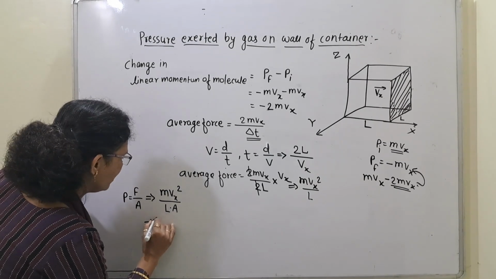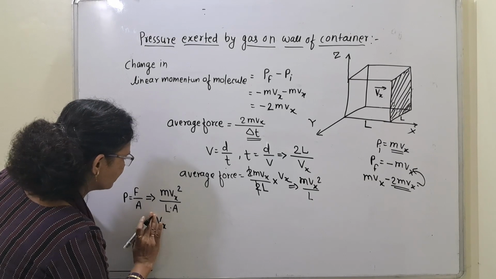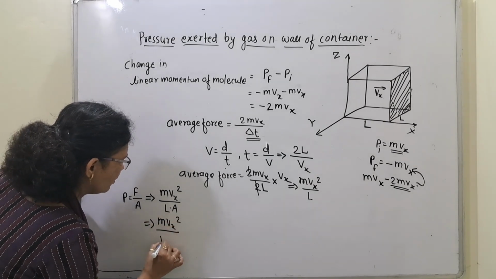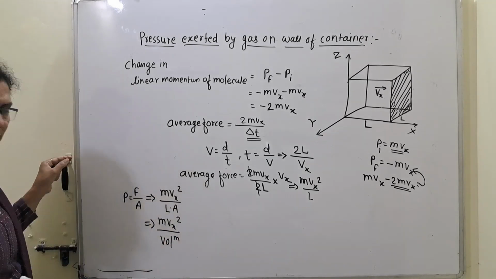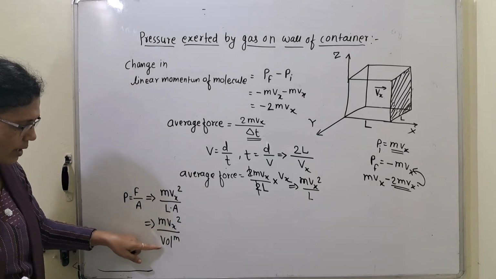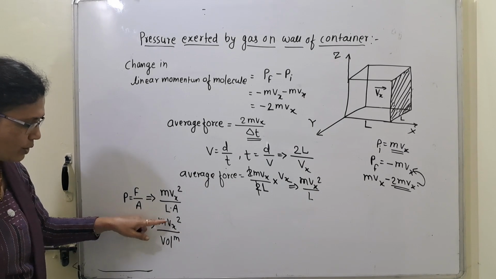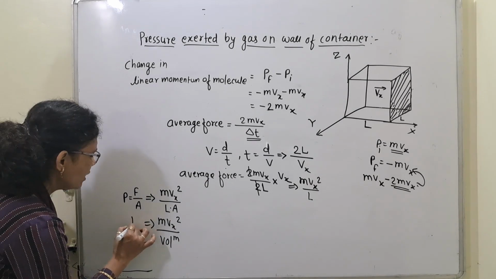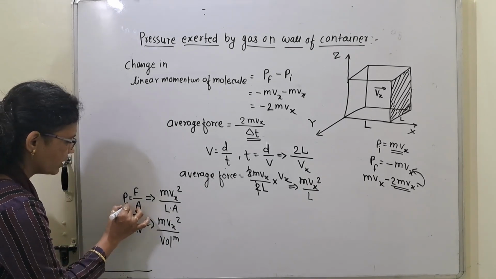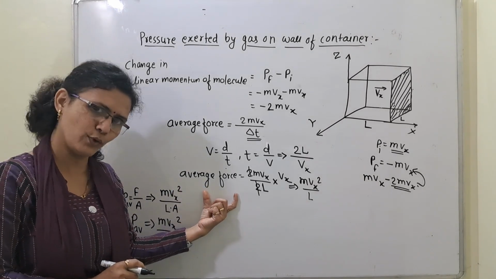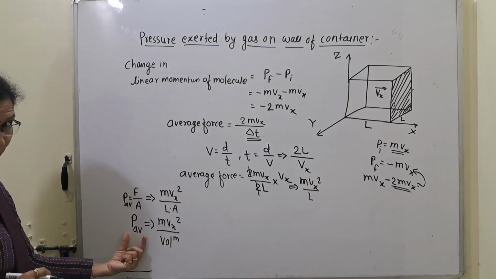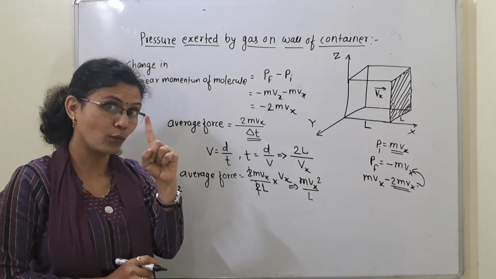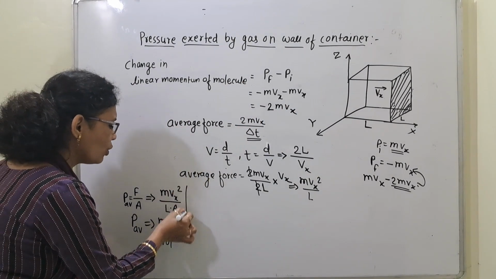So this will be mvx square upon volume. Here vx is there, therefore I am not going to write V for volume because it will look the same. So I have written here volume. This is the average pressure exerted by the molecule on that wall of the container. That is for one molecule, but here there is not one molecule.